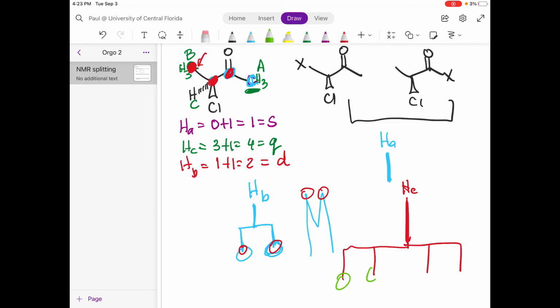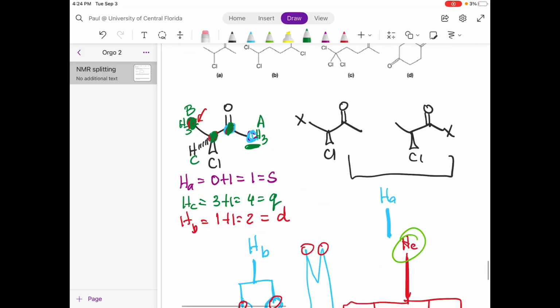And so there's the 4 signals, or it took the signal of HC and split it into the 4. So technically when you're looking at HC right here, you can look at the adjacent and say, hey, that's going to be a singlet. But then there's a second one, and that's going to be a quartet. Singlets don't split anything.